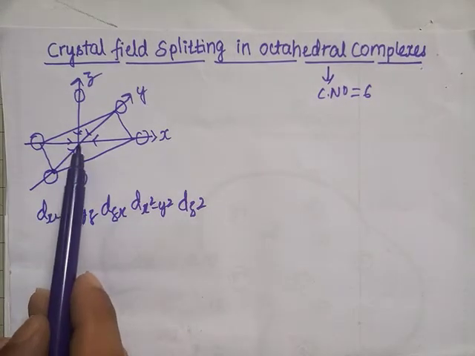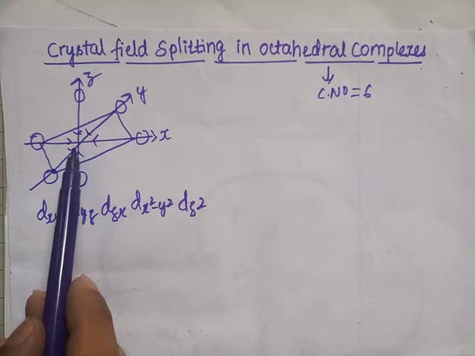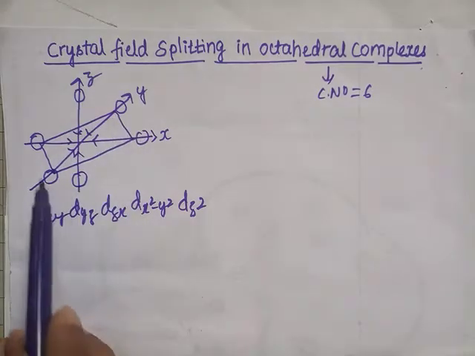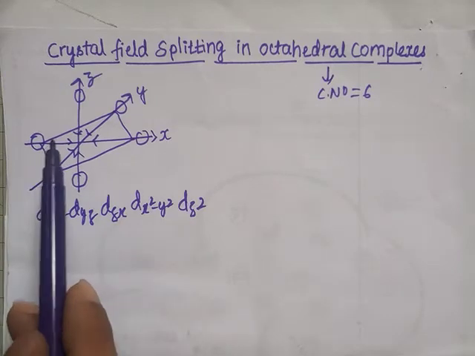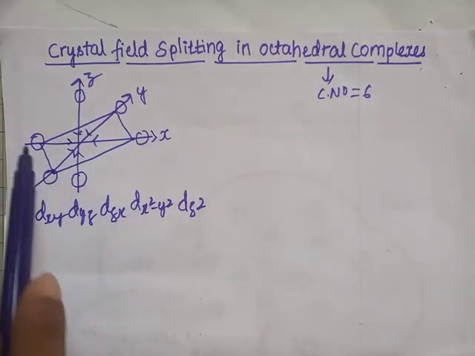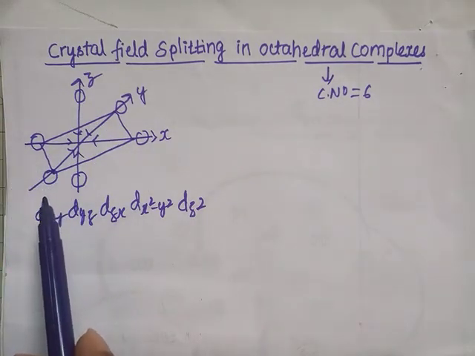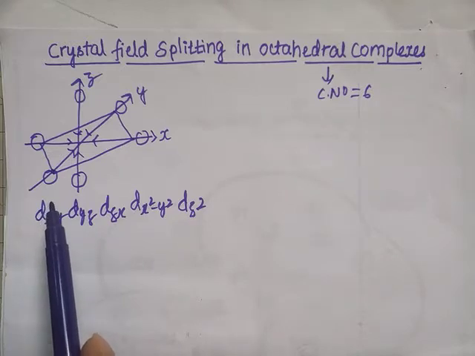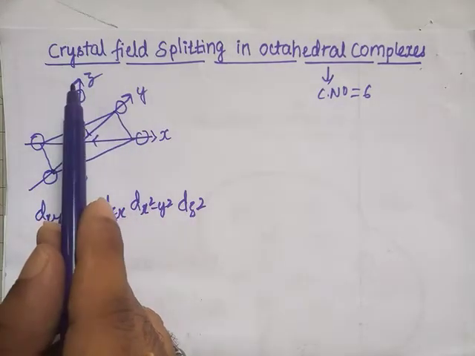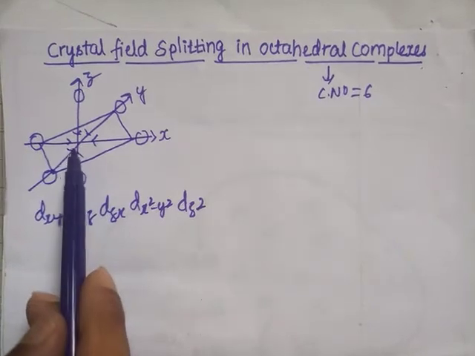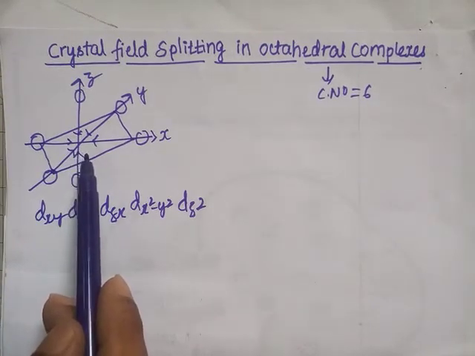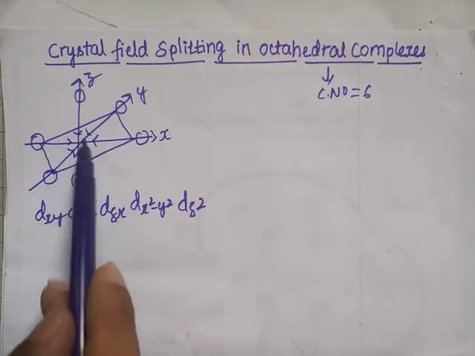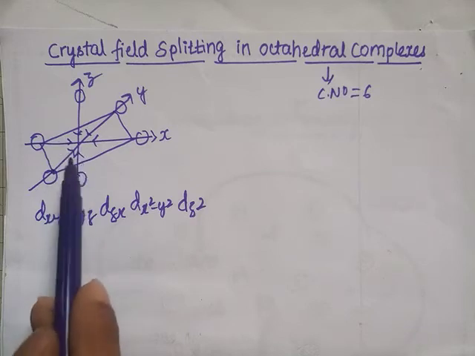The central metal ion is at the center and the ligands occupy the 6 corners of a regular octahedron. The three axes x, y and z point along the corners of the regular octahedron as shown here.